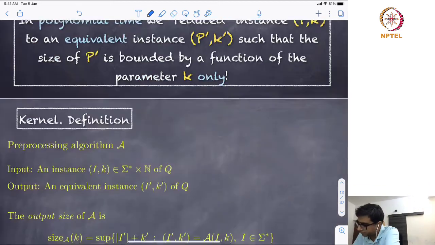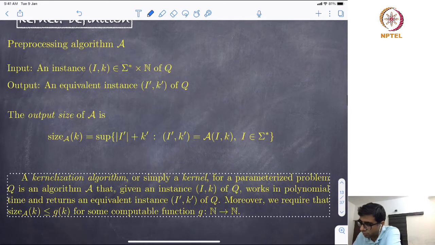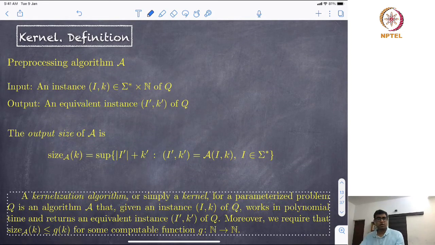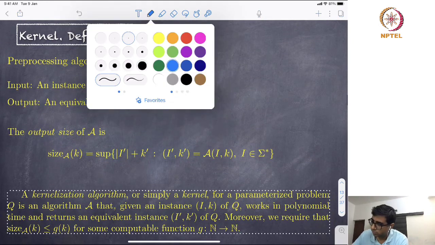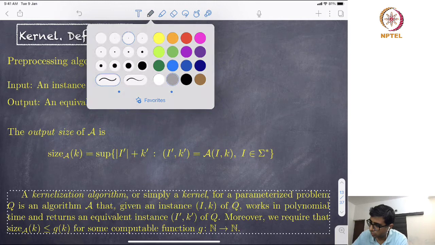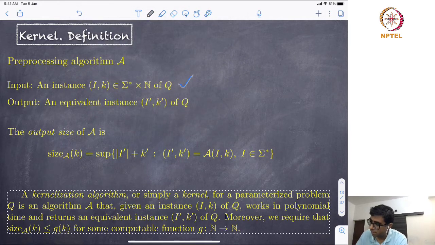Now let us define this notion of kernel formally. It is a pre-processing algorithm. It takes an instance (I, k) of a problem Q and returns an equivalent instance of the problem, and the output size is the maximum size you could have in terms of k.